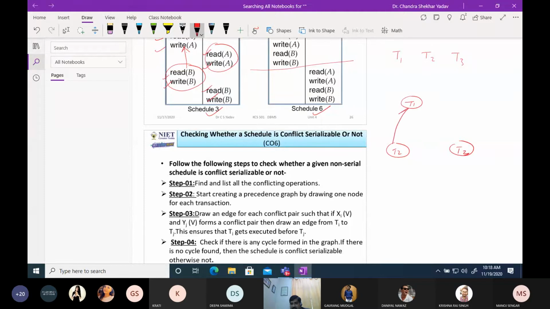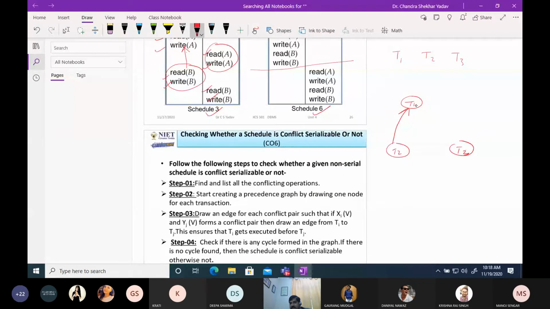And if we draw an edge from T2 to T1, it indicates that T2 performs a read operation on the same data item before T1 performs a write operation, or T2 performs a write operation before T1 performs a read operation on data item Q. The third one is T2 performs a write operation on Q before T1 performs a write operation on Q.